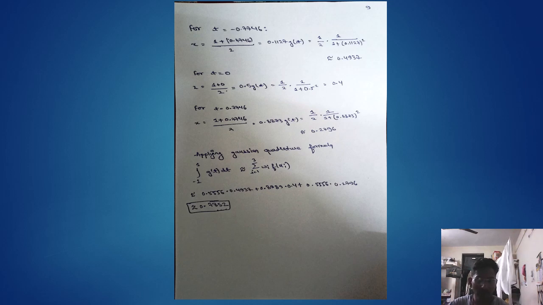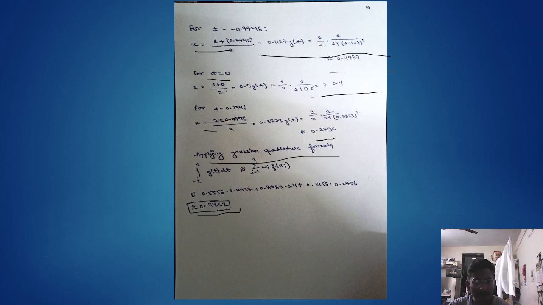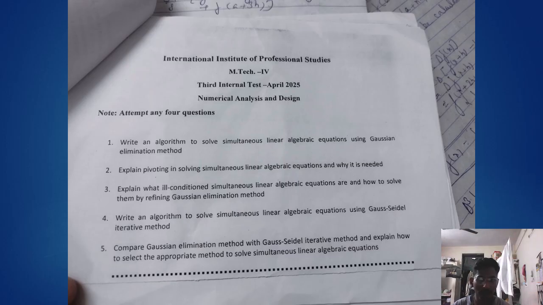For t equal to -0.7746, x is equal to (1 minus 0.7746) by 2. For t equal to 0, x is equal to 0.5, and for t equal to 0.7746, x is nearly 0.8873. Applying the Gaussian quadrature formula, the answer overall is 0.7852. This is the end of the second internal question answer. Thank you.